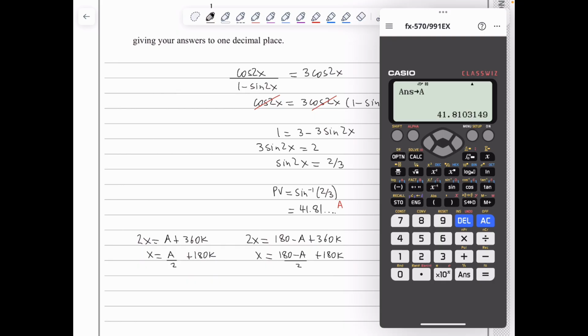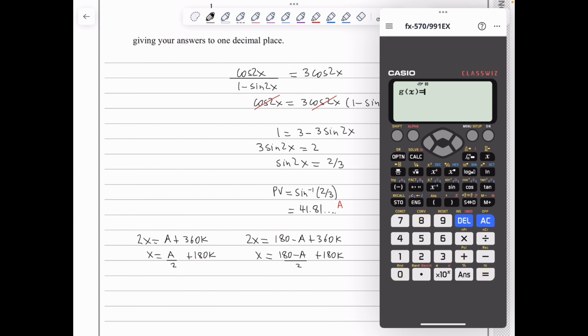I can then automate the procedure of determining all solutions by going on the calculator menu, option 9. My f of x will be A over 2. Remember, A is holding the PV of 41.81, plus 180x, I press the equal sign.